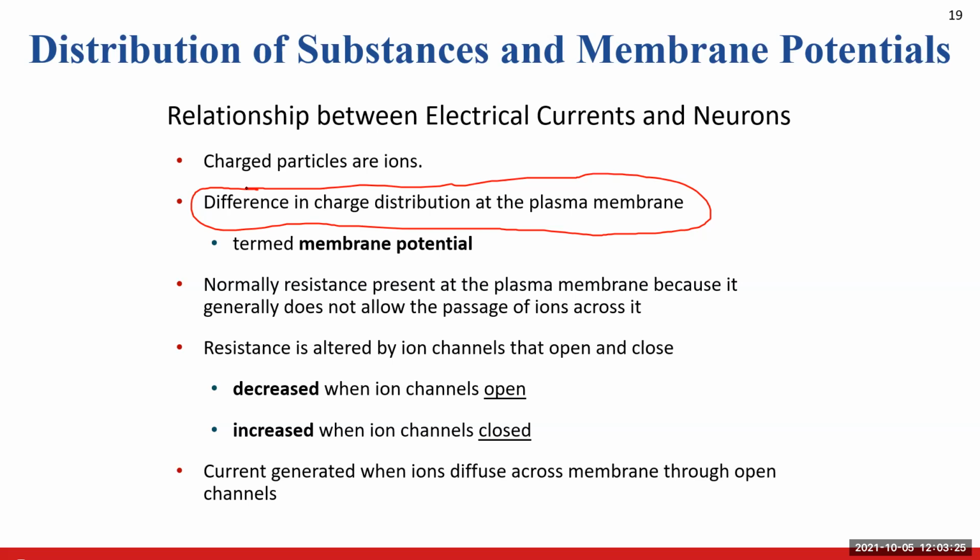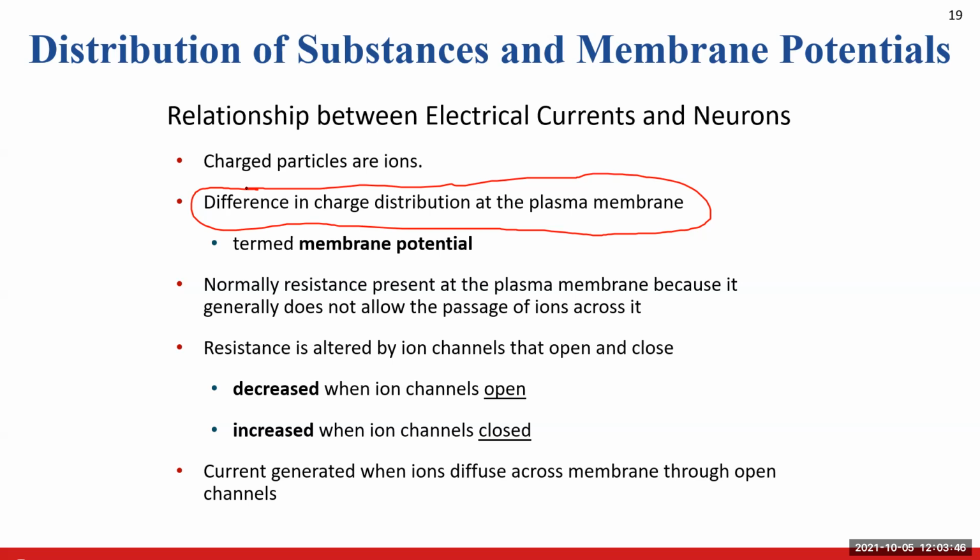They're going to create these openings through the plasma membrane that allow the movement of these substances across it. Because without those holes, without those channels, those ions cannot move like they would like to. Basically the plasma membrane is going to create a resistance.